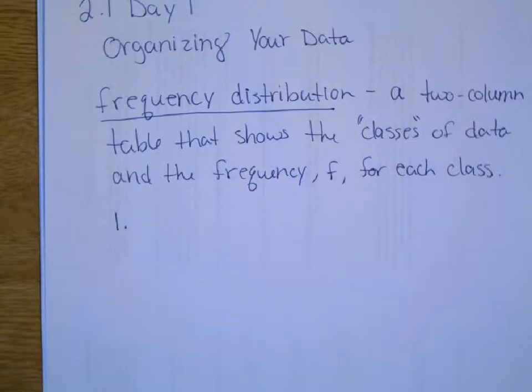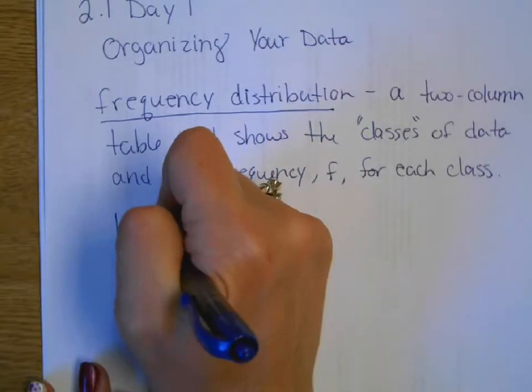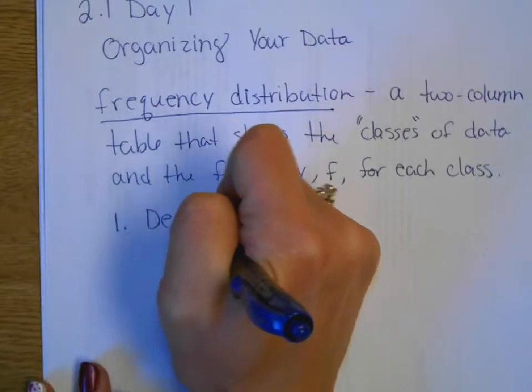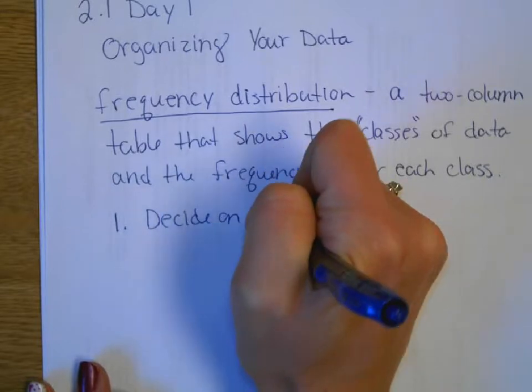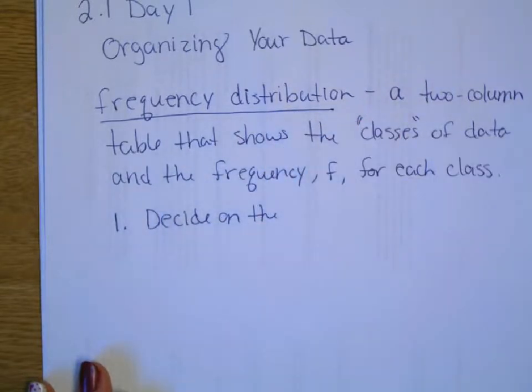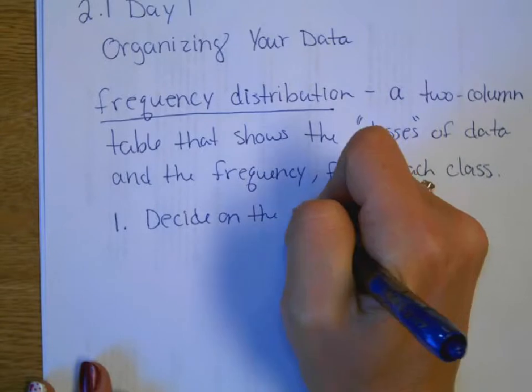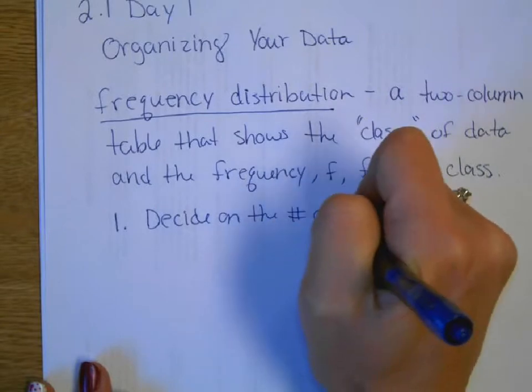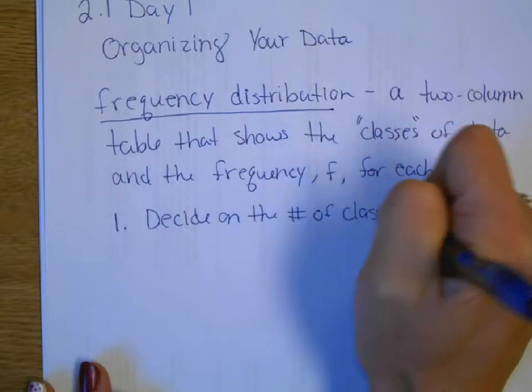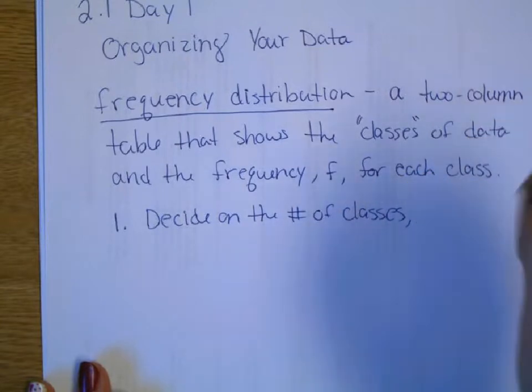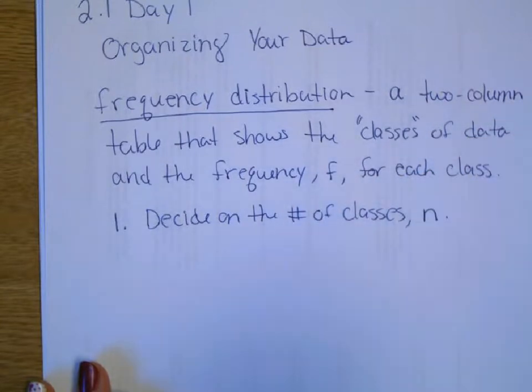If you were doing your own study, you decide how divided up you want it to be. For the problems in the book, they tell you how many classes. That'll be how many rows you have in your table, and that's going to be our letter N.